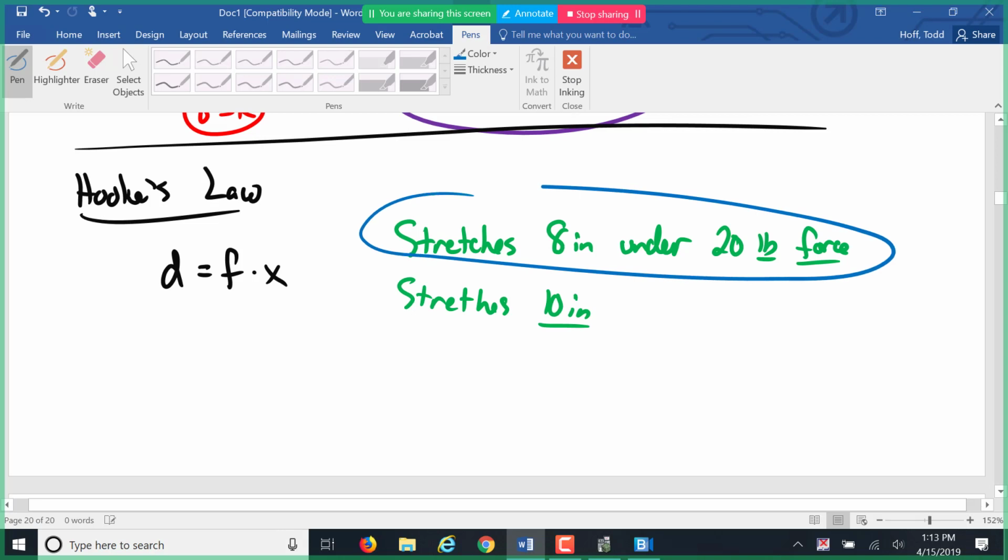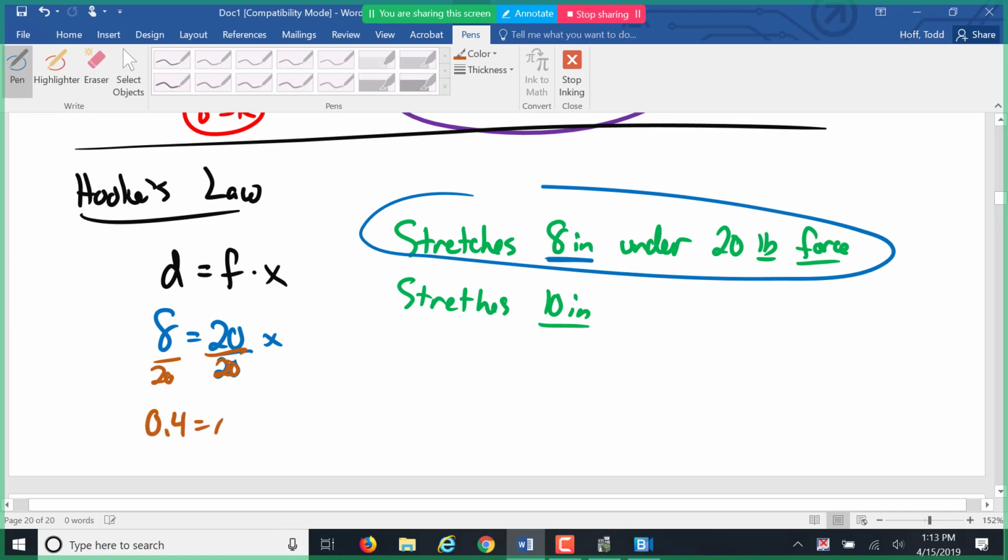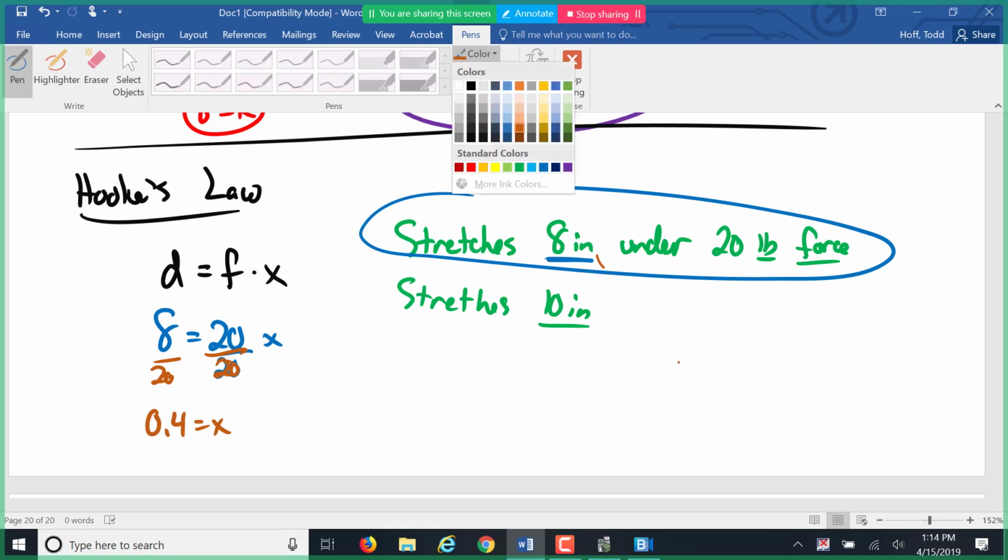So it stretches 8 inches under 20 pounds of force. So I put 8 here, 20 there for F. If I solve for X, I divide by 20. I get 0.4 equals X. What that's saying is that this stretch will be 0.4 inches for every pound applied.